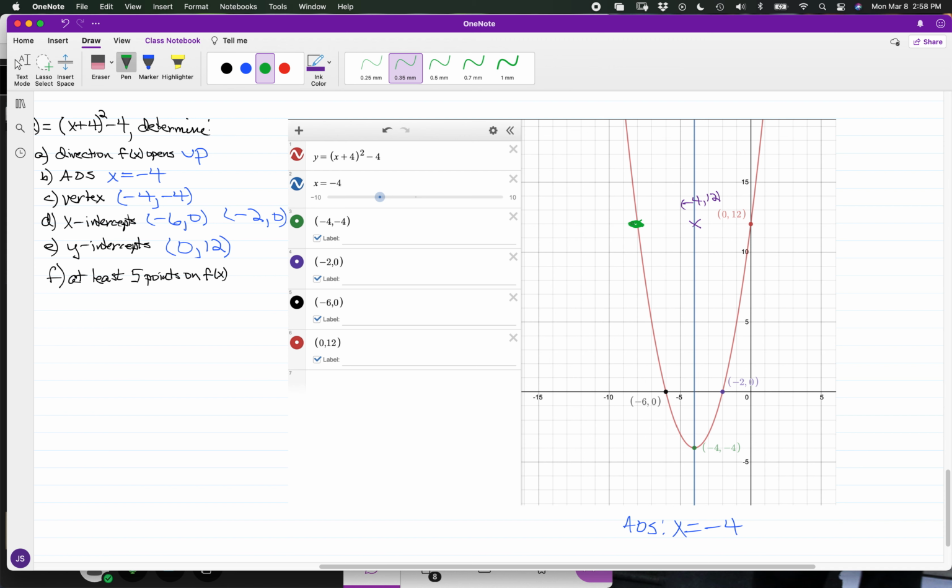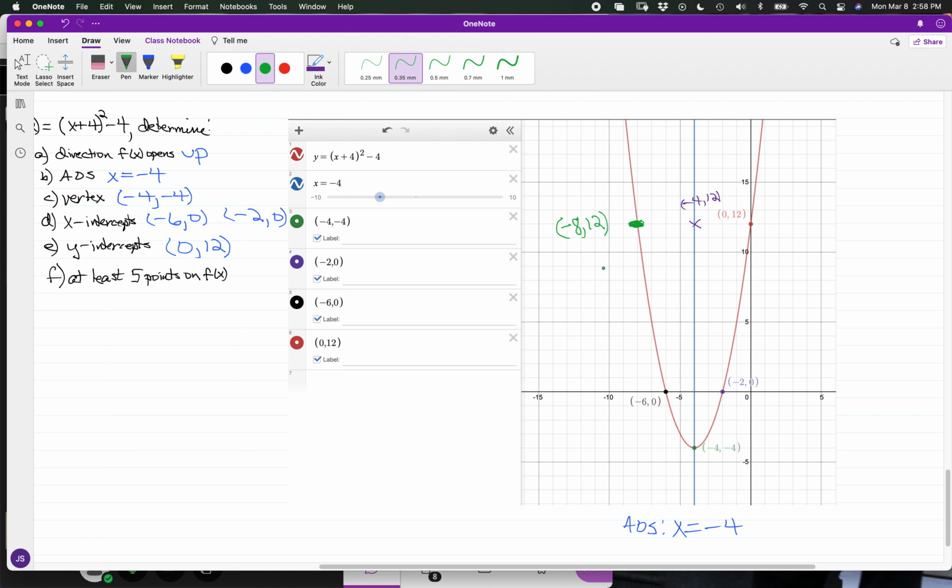So our fifth point is going to be level with the y-intercept, with a y-coordinate of 12. As for the x-coordinate, 4 spaces to the right of x equals -4 is 0, but 4 spaces to the left lands at x equal to -8. So a fifth point, among many other possibilities, can be at -8, 12.